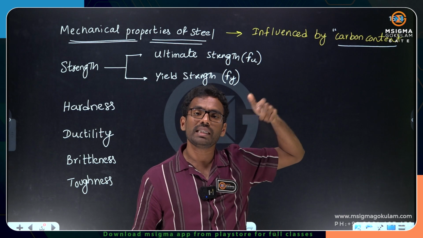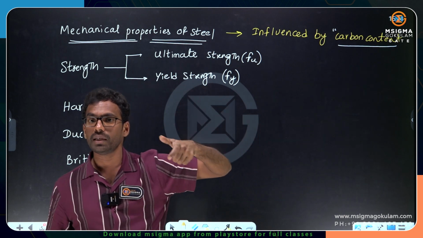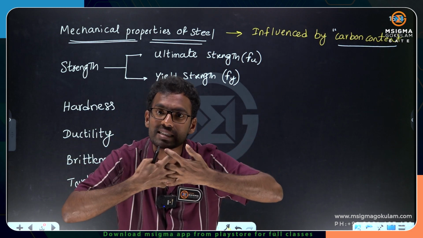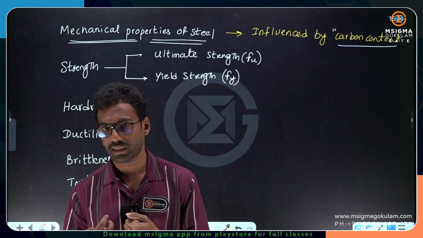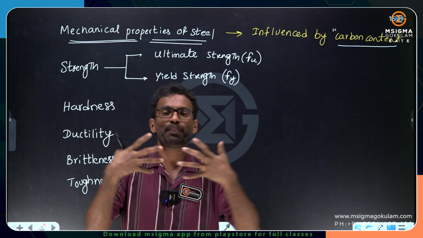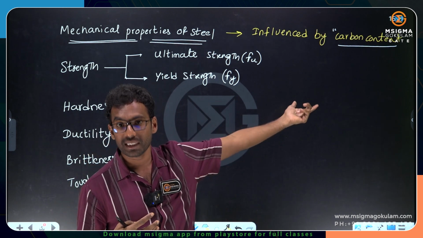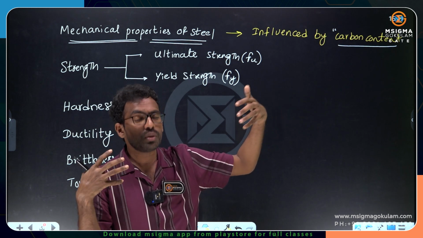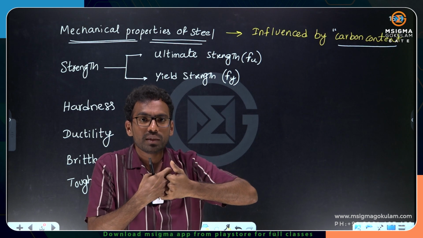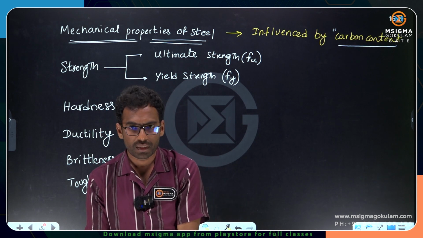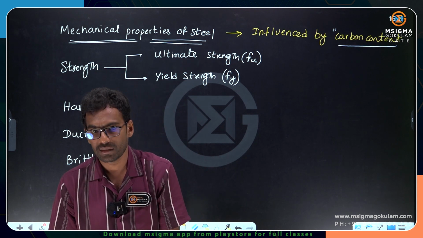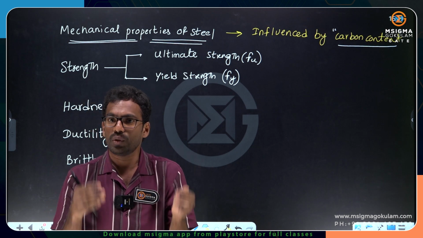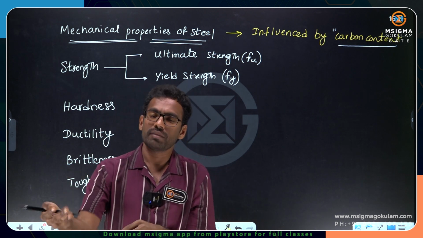What carbon does is it makes the atoms closely packed in the crystalline structure or microstructure. If the atoms are very closely packed because of the carbon content in a material, the voids get decreased. If the voids get decreased, then what will happen? Strength will increase. If the voids are less in a material, strength will automatically be more.